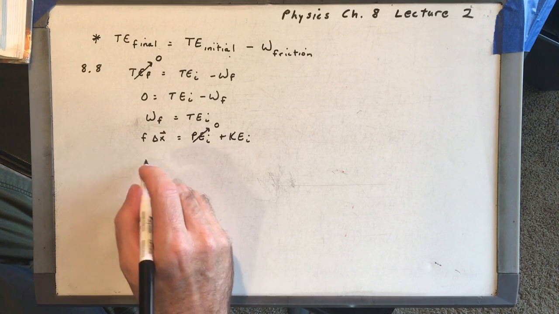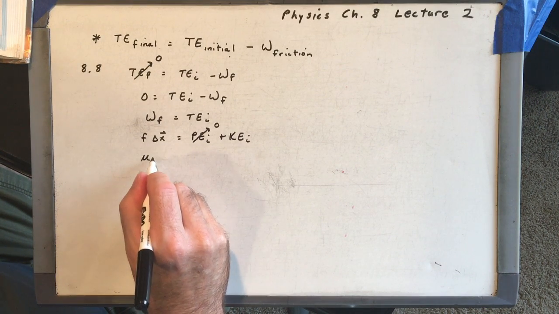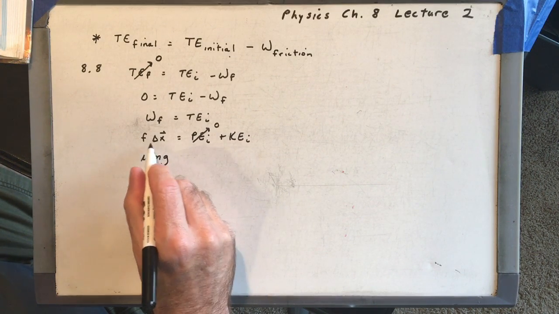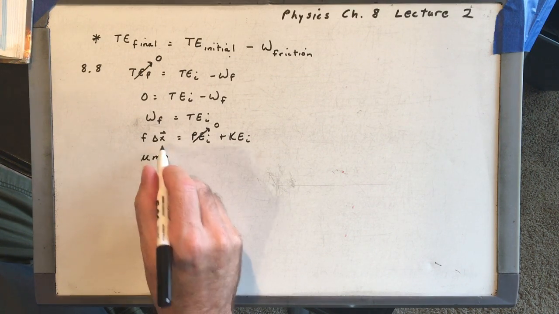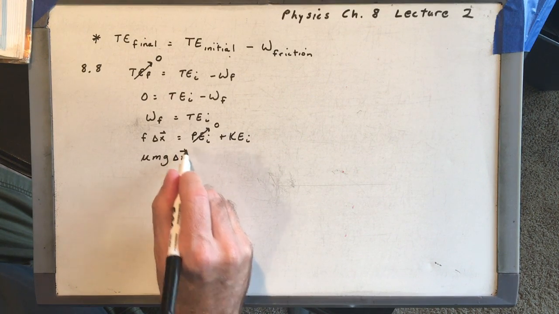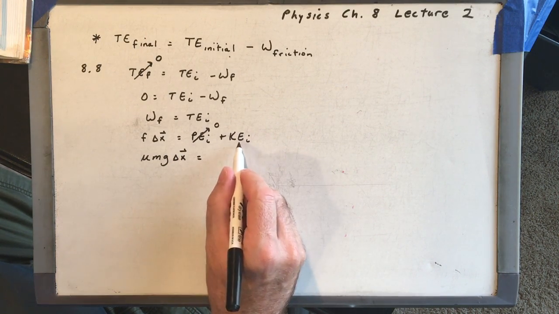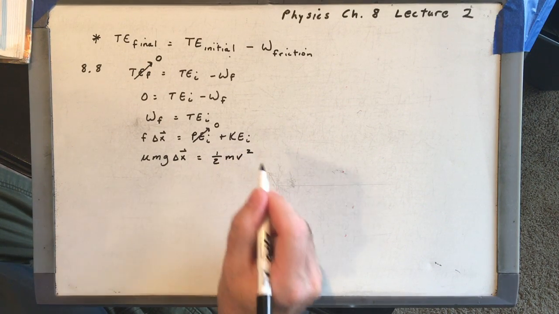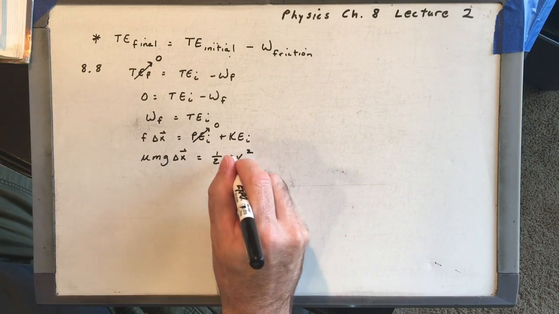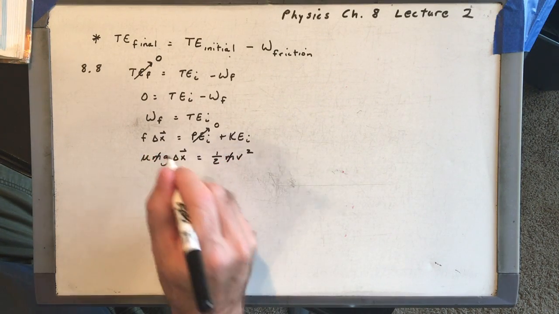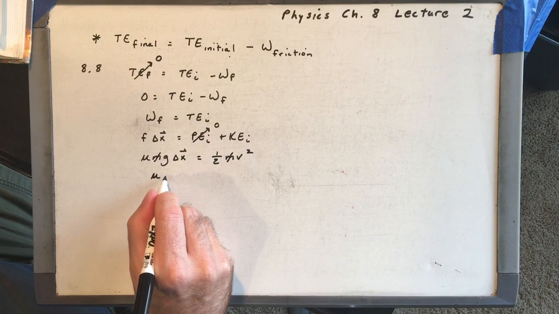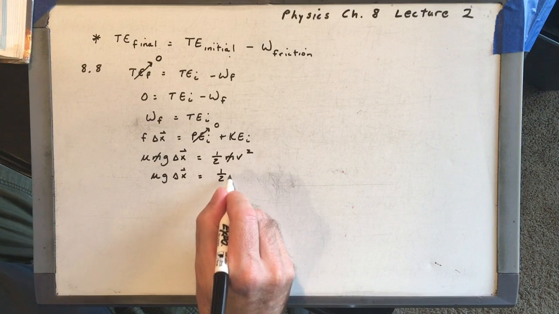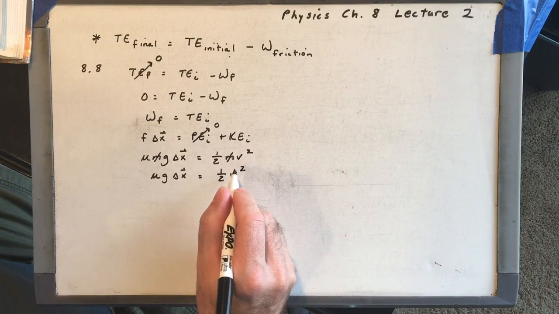We know that friction from the previous problem is mu times mass times gravity. So friction is mu times mass times gravity times delta x. And for kinetic energy, the equation is 1/2 mv squared. Masses cancel. So I have mu g delta x is equal to 1/2 v squared.